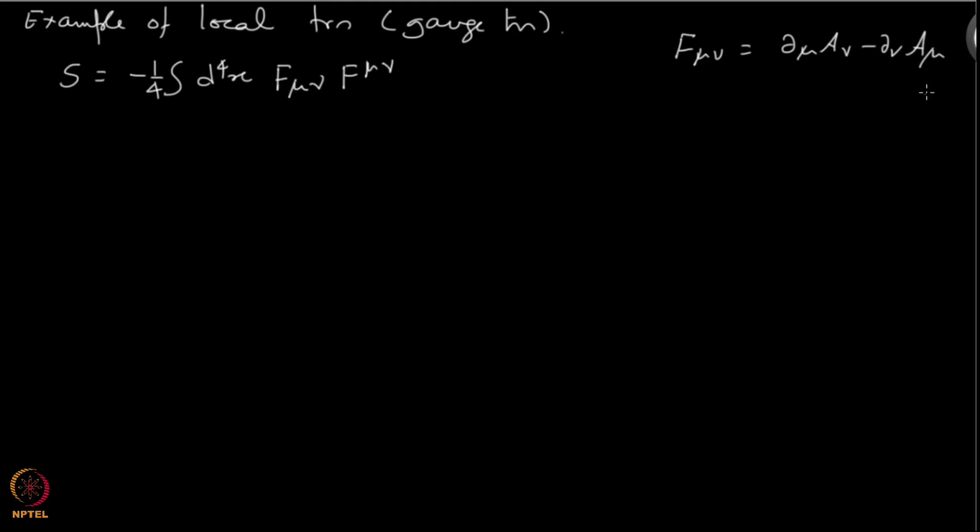We don't need to know much about this. All I'm going to show you is that this theory has a local symmetry. So think of the following transformation. Suppose A_mu of x goes to this new field configuration, which is related to the original field configuration by this.